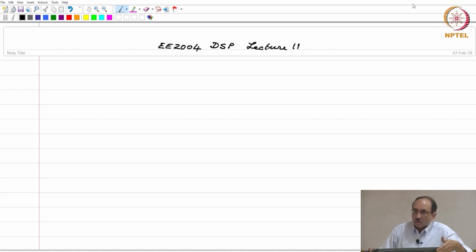We saw some examples of systems having poles and zeros, and we also introduced the concept of poles or zeros at infinity. The example that we had looked at towards the end of last class was this.